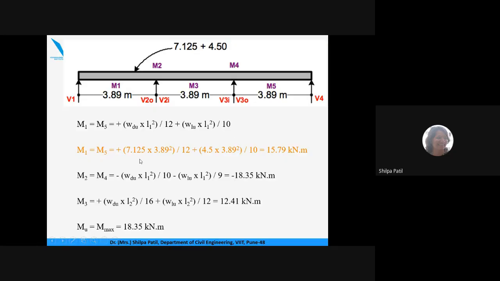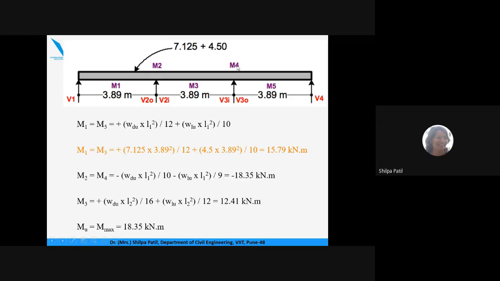I have just done one sample calculation so that you will understand how the values are taken. WDU is 7.125 into L1, the span 3.89 square, divided by 12 plus WLU is 4.5 multiplied by the span L1 3.89 square divided by 10. The value is coming as 15.79 kilonewton meter. So M1 and M5 are same.